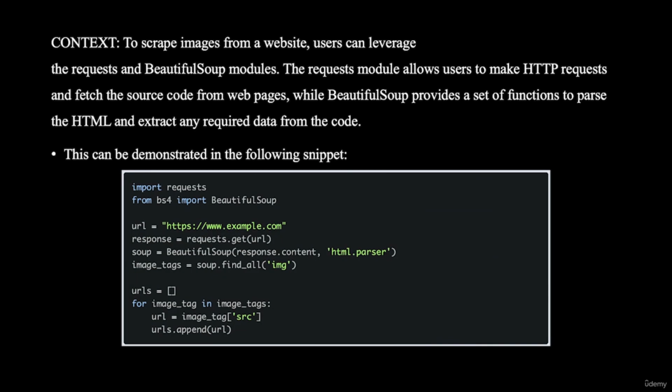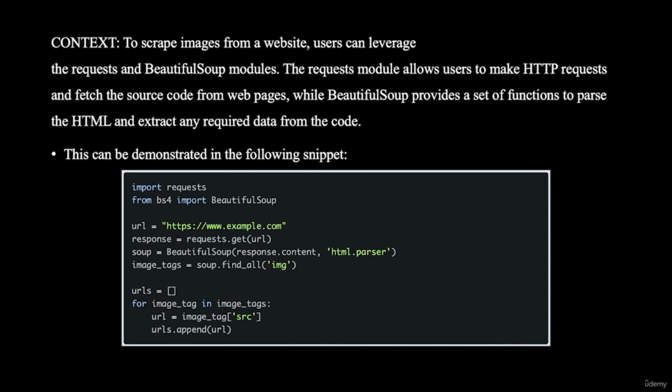As mentioned, the first line will import the requests library, which is used to make the request to the web page, and the Beautiful Soup class from the bs4 library, which is used to parse HTML and XML documents.